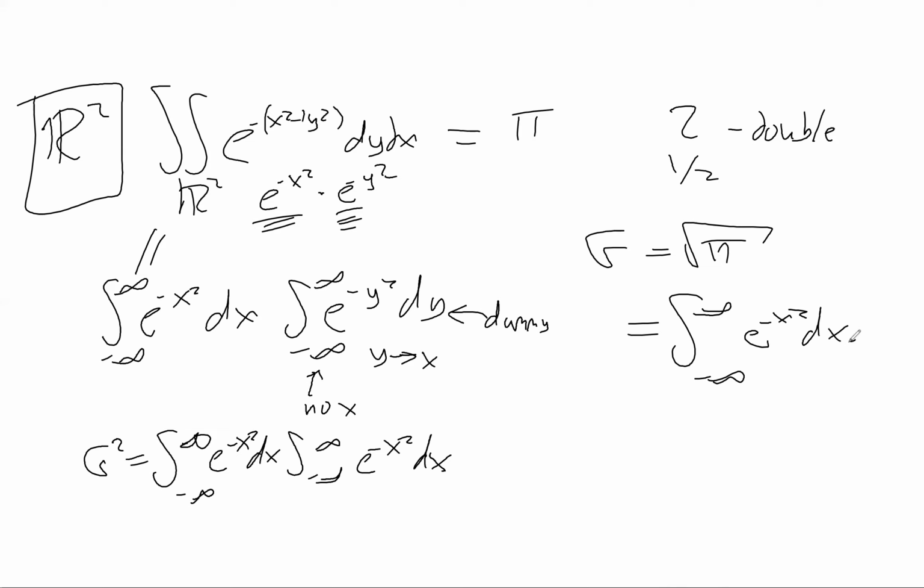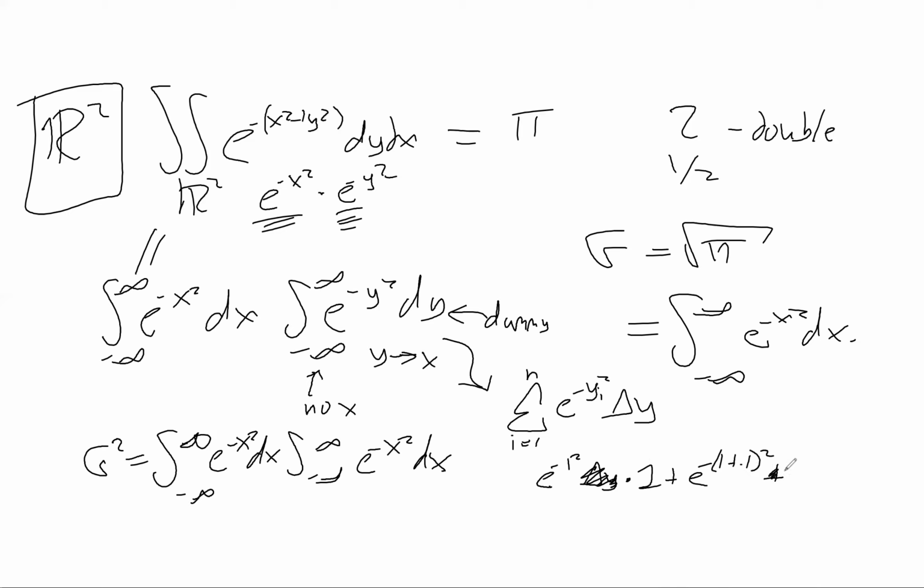If you haven't seen the dummy variable thing, let me briefly mention why that is. If you just think of it as a Riemann sum, you can see that y is kind of arbitrary, because what this is, is -1 squared delta y, or let's say 0.1, plus -1 plus 0.1 squared times 0.1, and so on.